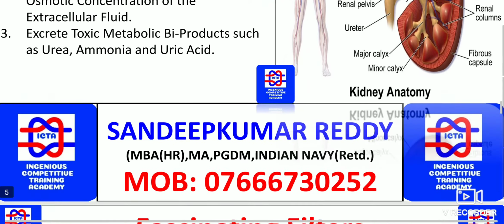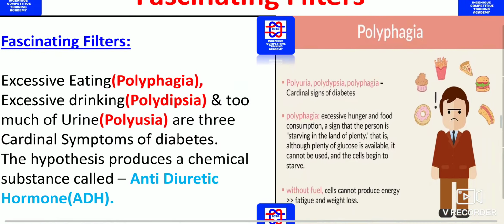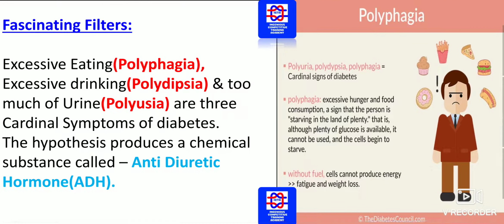Next we have the pituitary-related disorders. Excessive eating causes polyphagia; if you consume more food, you will have this kind of problem. Excessive drinking causes polydipsia, and too much urine is polyuria.